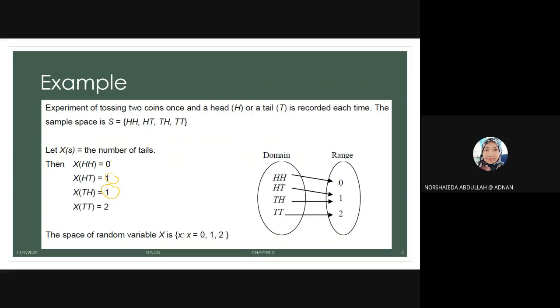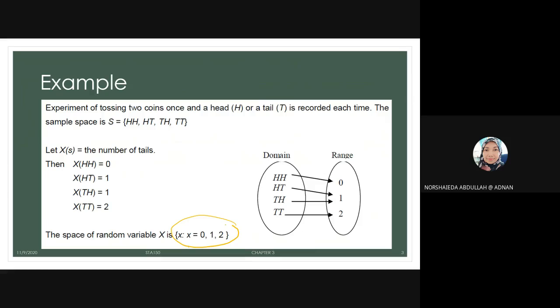So both head we got 0 tail, HT or TH we got 1 tail, and TT we got 2 tail. So the possible number of tail that we will get from this experiment is either 0, 1, or 2. So the sample space, the possible value of x, is either 0, 1, or 2. Right?